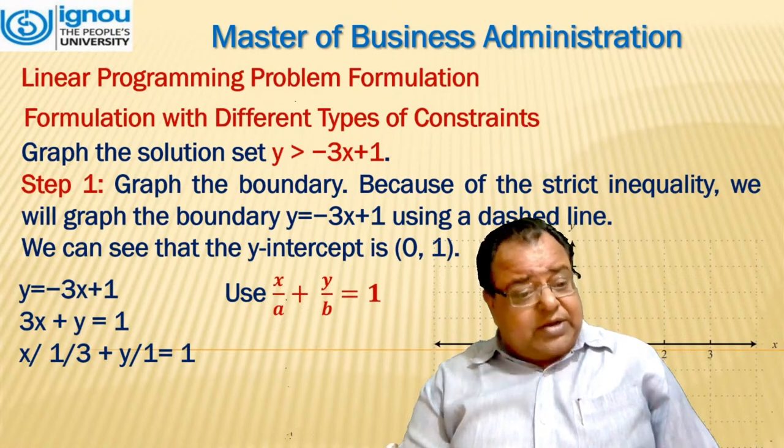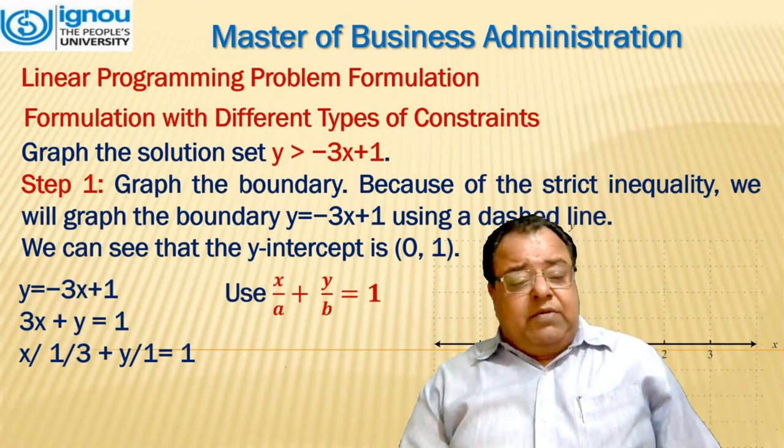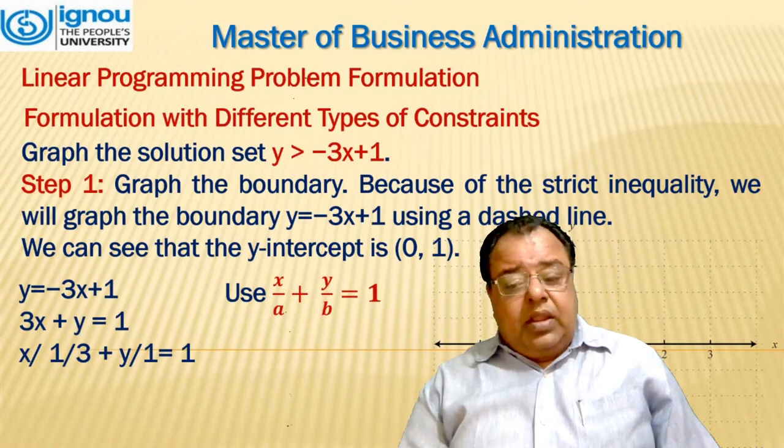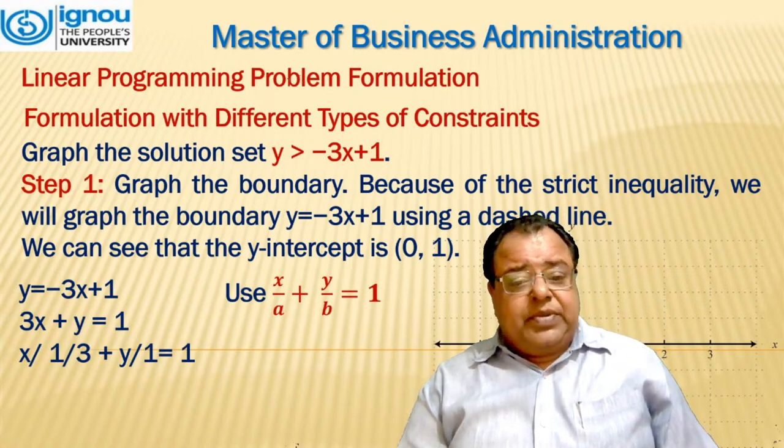We can see that it is almost 0.33 over there. Similarly, for the y-intercept, it will be 0 comma 1. You can see that at the green point on the y-axis.